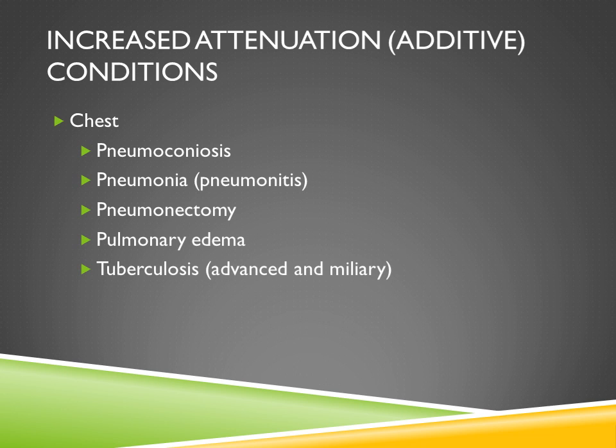Pneumonectomy, ectomy means removal of, so that's removal of the lung. Pulmonary edema is when fluid fills lung tissues and alveoli, and it's commonly associated with CHF. Tuberculosis can be advanced or miliary, and it is an infection by mycobacteria.